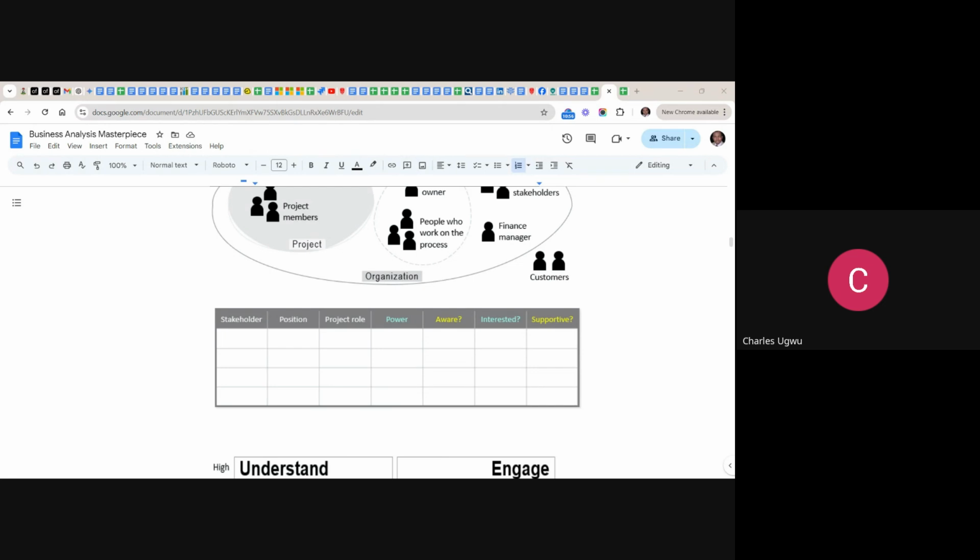And then, if you want to capture the power here, Ikechukwu is going to be high power. If you're going to capture interest, Ikechukwu is going to be high interest. The level of awareness: nothing you do in this project will come to Ikechukwu as a surprise.